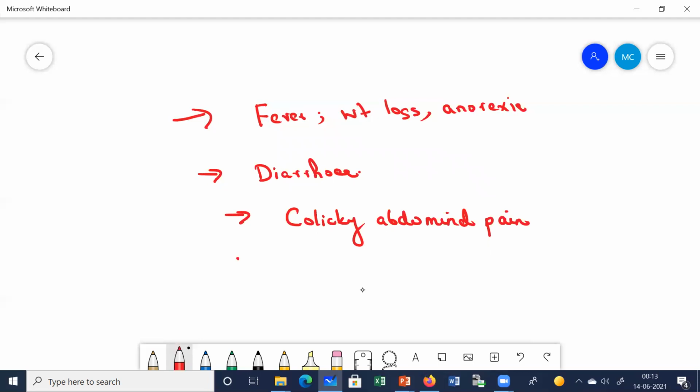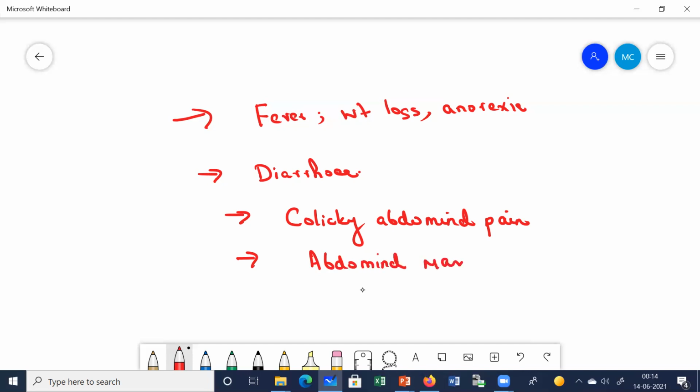And what else? On abdominal examination, if it is a hypertrophic type, or if multiple lymph nodes are involved, or if there is any localized abdominal swelling, or omental thickening, then you can palpate and find some abdominal masses. Not in all cases, only in those cases I mentioned above.